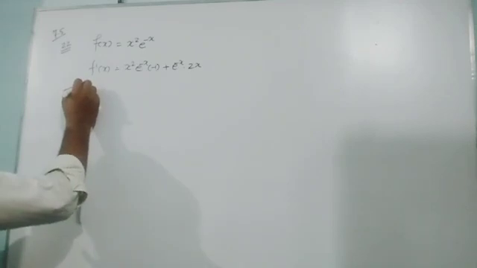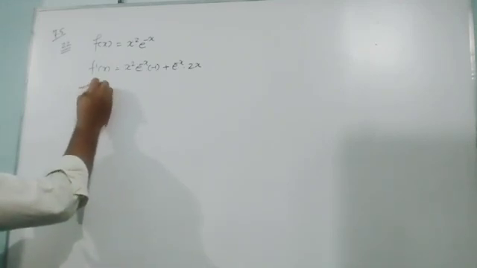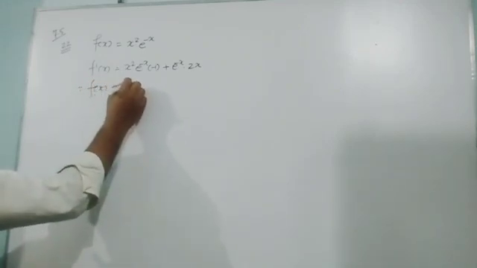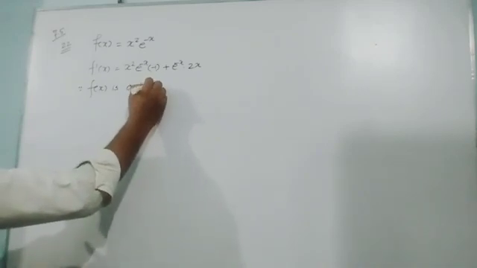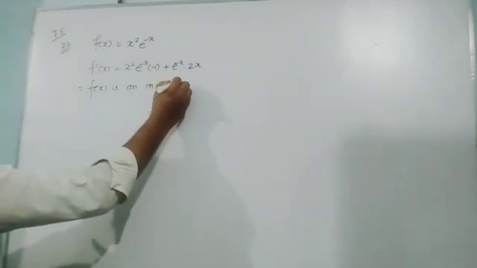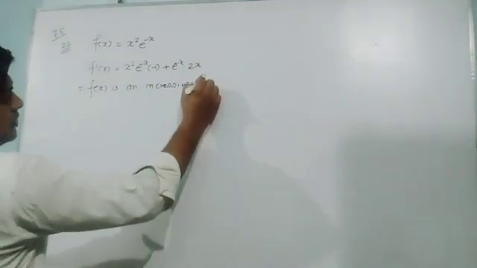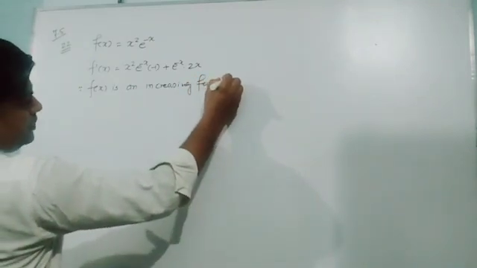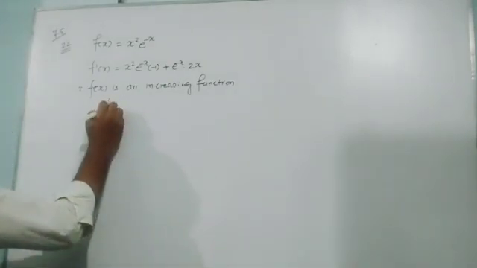Now, since f(x) is an increasing function, therefore f dash x should be greater than or equal to 0.